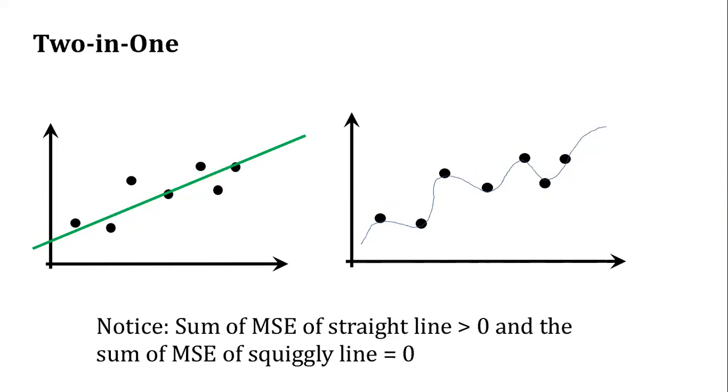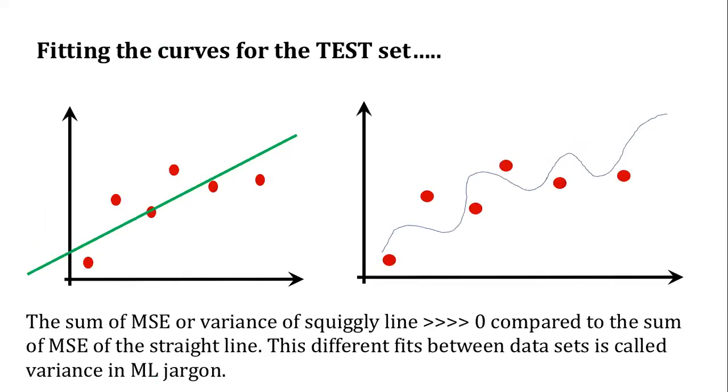Of course, in training, if we fit a line, the line misses certain dots, but this crooked, squiggly line doesn't miss the dots. It hardly misses any dot. But the moment we put the test data into it, there is a problem.